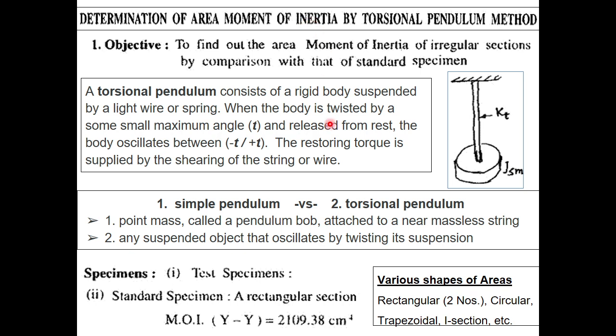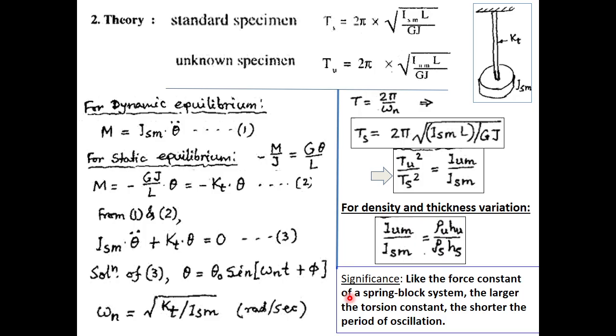Okay, that much is clear. But it is not that if the thickness or the material of the unknown specimen and the standard specimen are different, then we cannot use this technique.